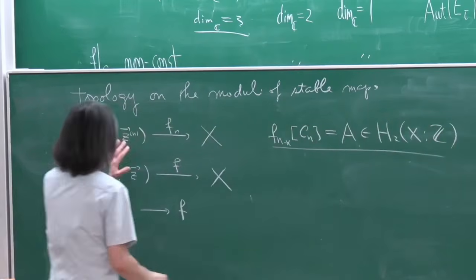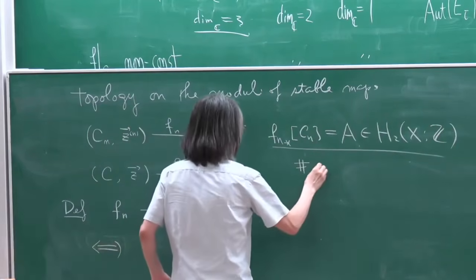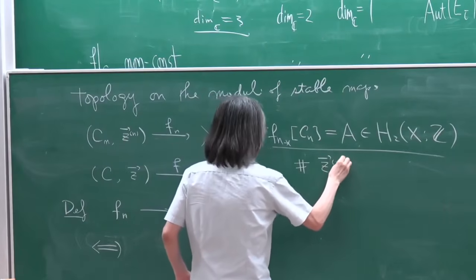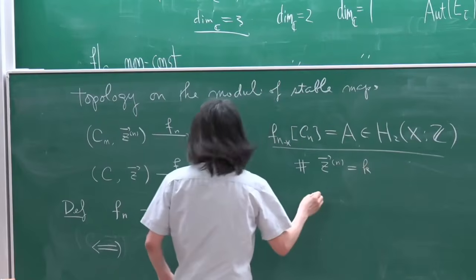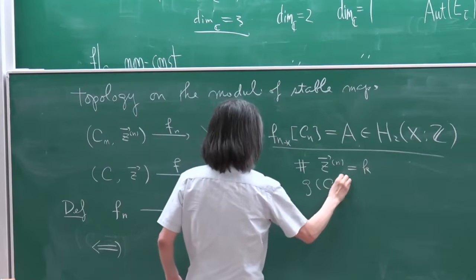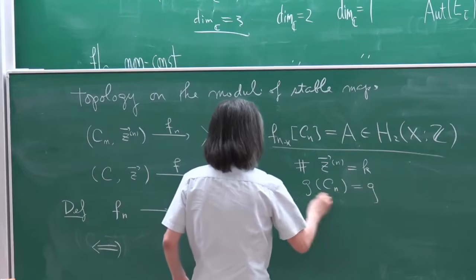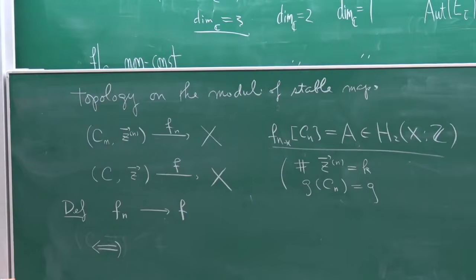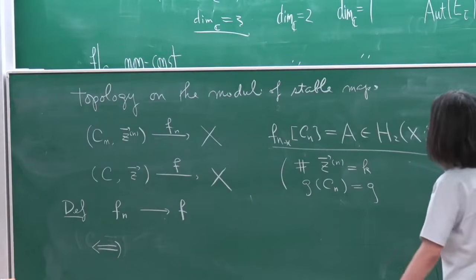Here the number of mark points is always k. And the genus of Cn is equal to G. So this is the genus of a stable curve.